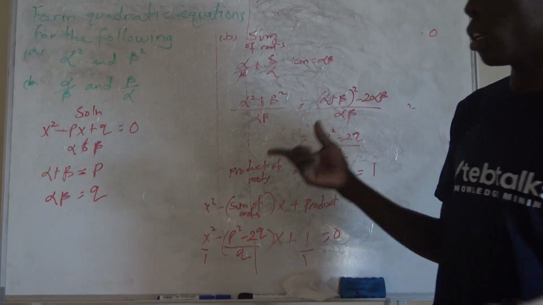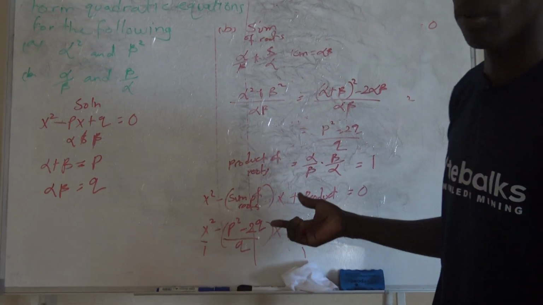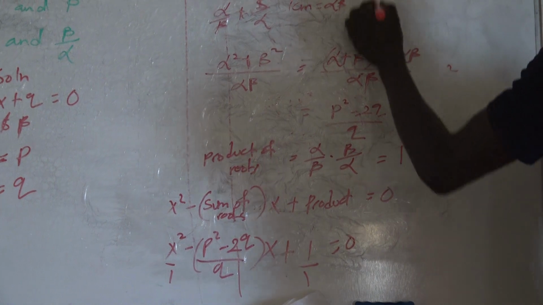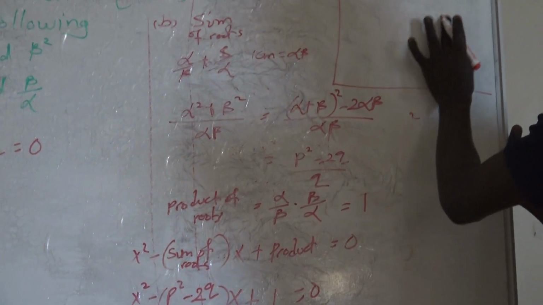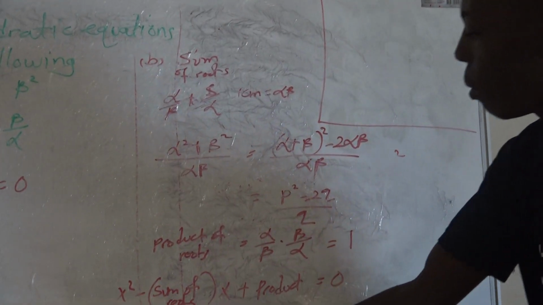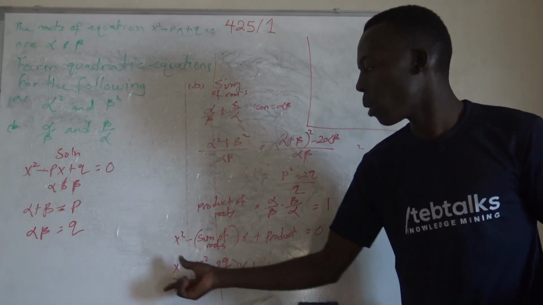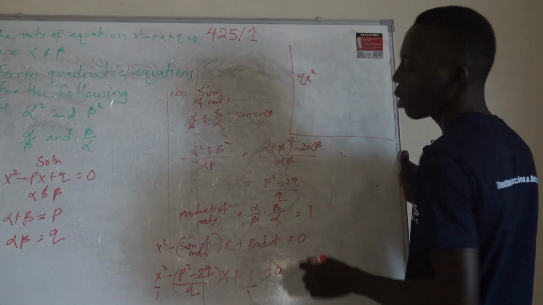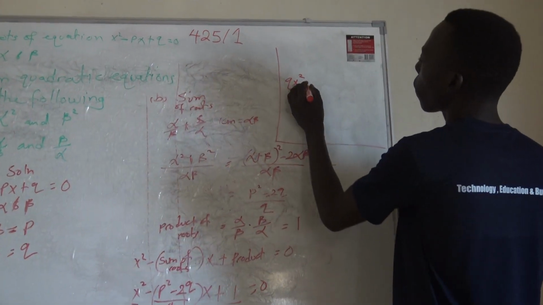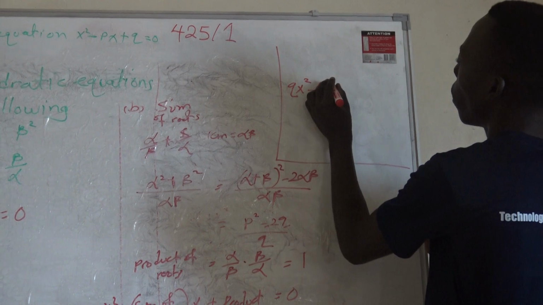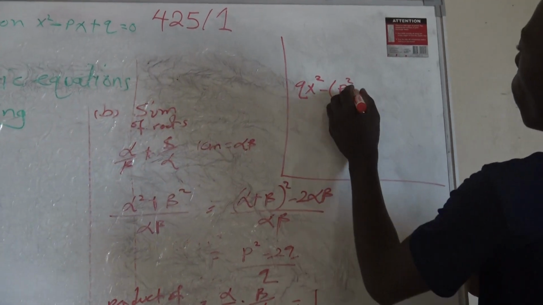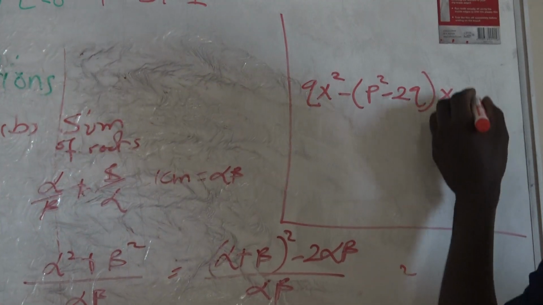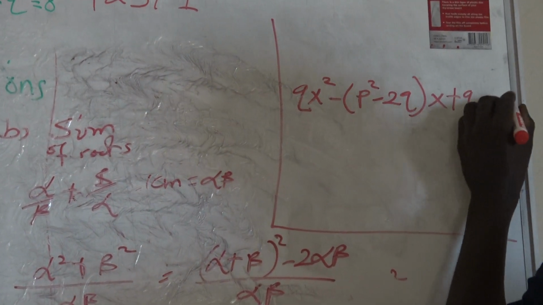then after getting the LCM, multiply all through the equation by the LCM. For this case, the LCM is q, so multiplying all through by q gives us q x squared, minus p squared minus 2q, then x, plus q, which will give us 0.